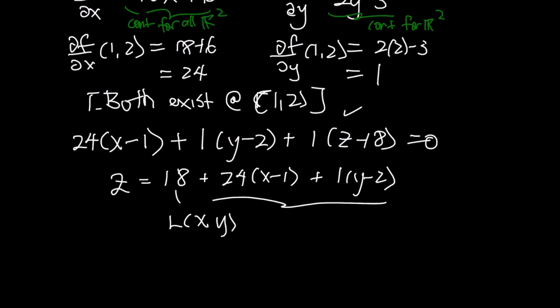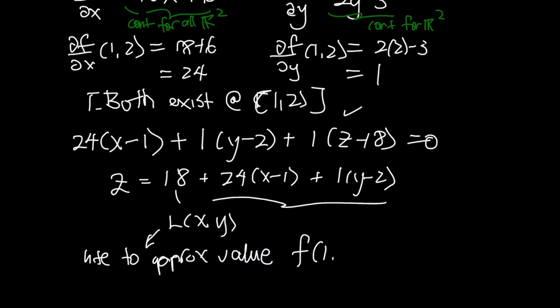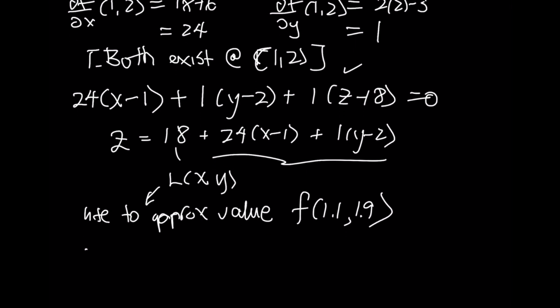Now we can use this to approximate the value of the function at some nearby point. So if I said, hey, let's approximate the value of this function at (1.1, 1.9), well, the whole point of a differentiable function is that you could replace it with the value of the linear approximator.